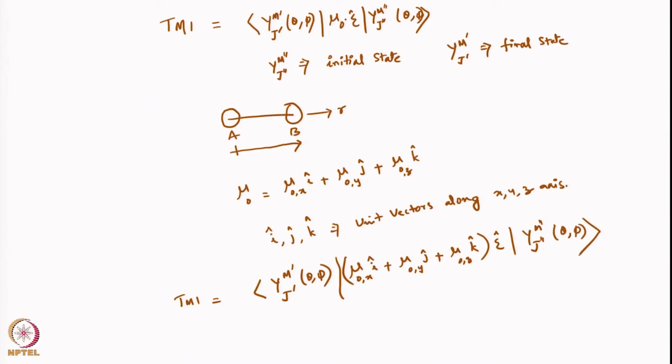Now, the problem here is these Y's are in spherical polar coordinates, and these are in Cartesian coordinates. So, one has to express your mu naught in terms of spherical polar coordinates.